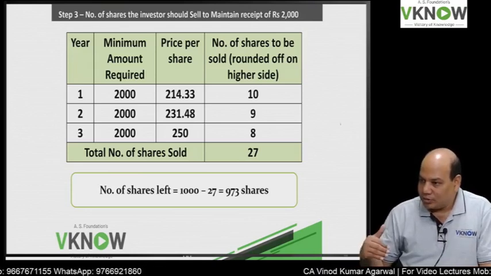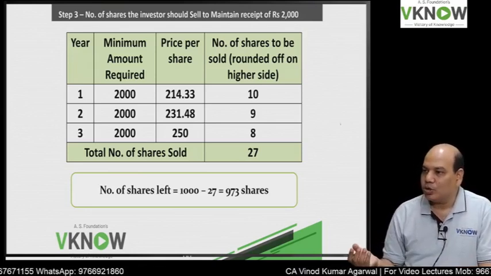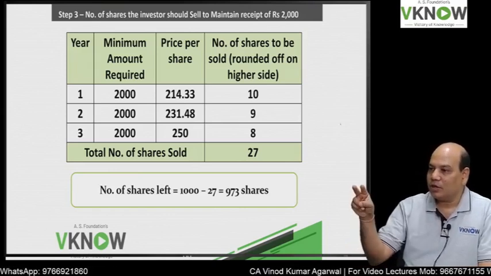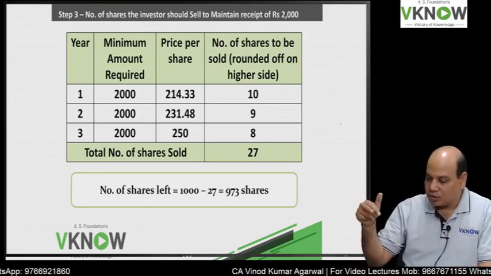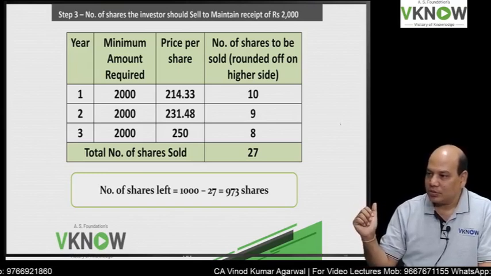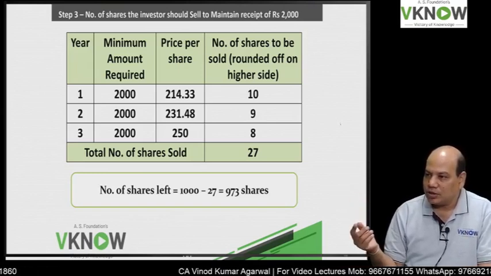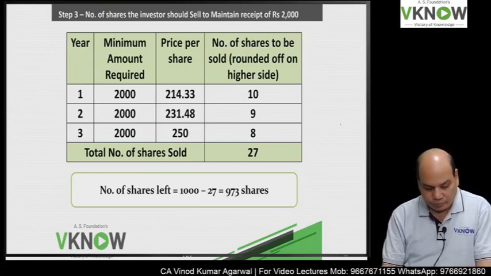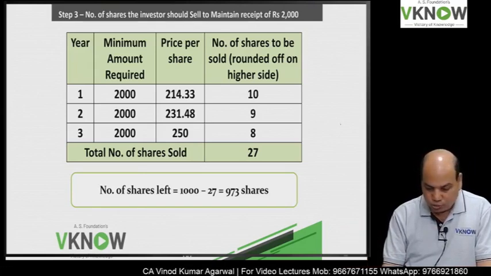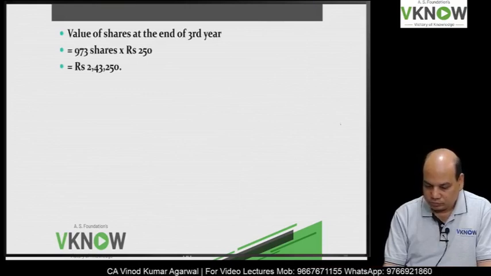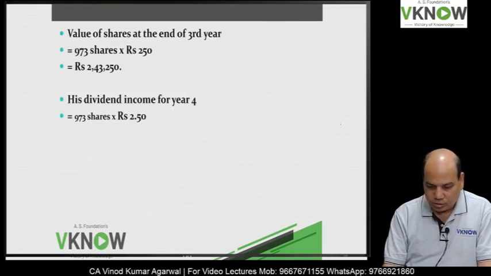Now, can he get 2000 rupees or more in the 4th year from the dividend? Let us check. Dividend of the 4th year is 2.50 and he has got 973 shares. So do you think he will be able to get 2000 rupees? 2.50 into 973. Yes.